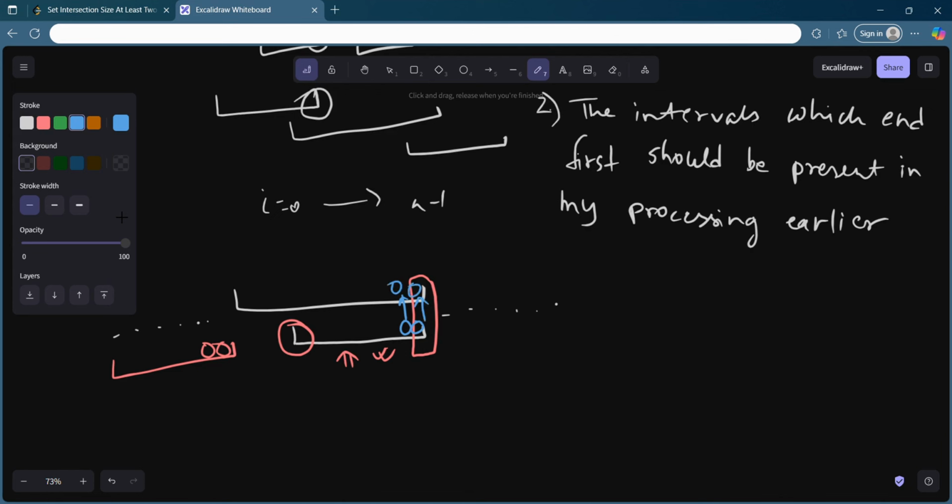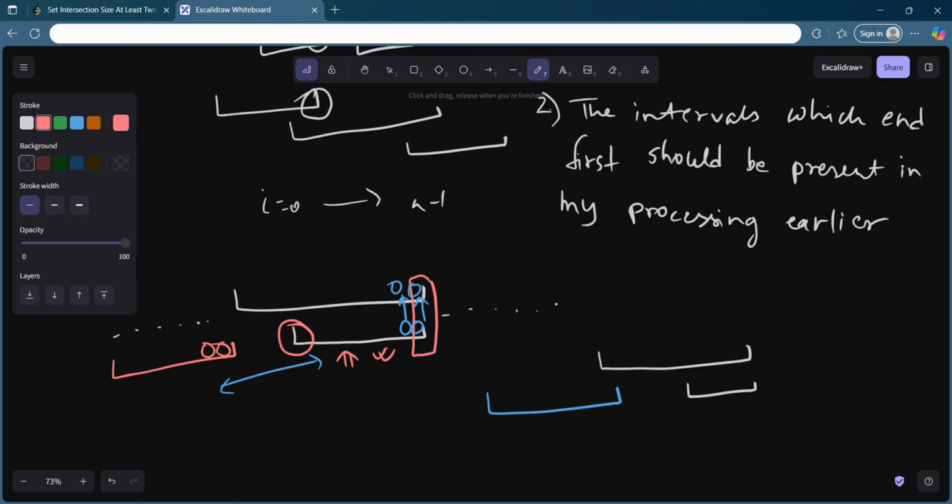And definitely you want your overlap to be as far as possible. You do not want any overlap. See, if you have this interval, and then you have two intervals like this.